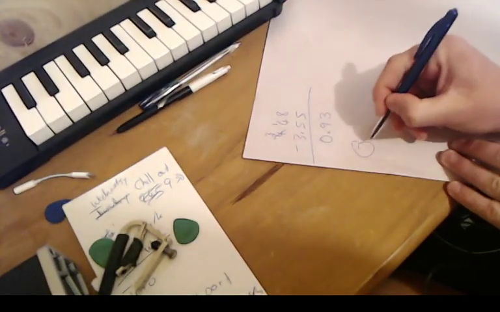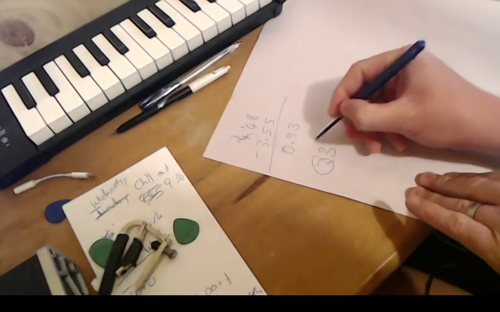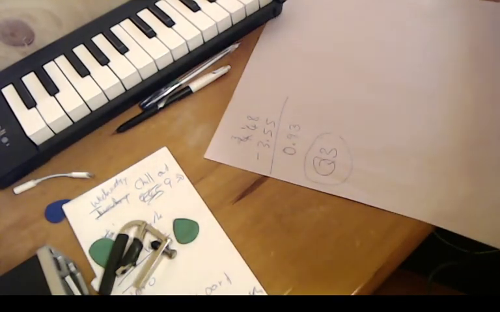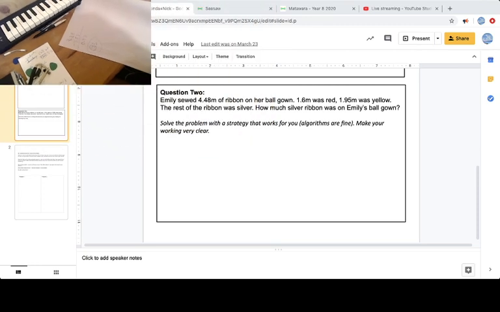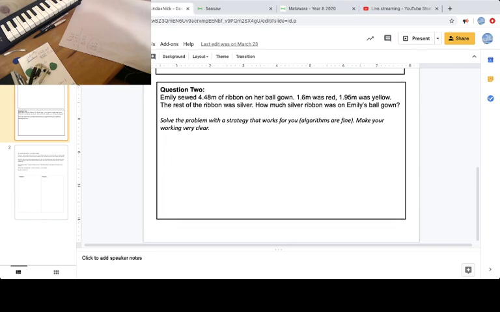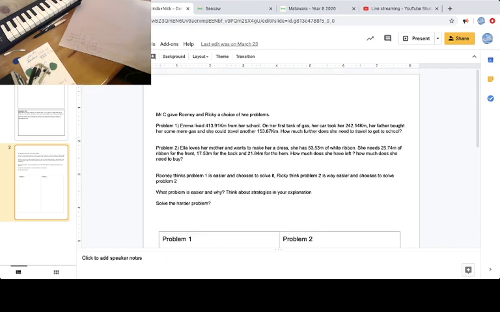question 3. I thought I had a better way of explaining that place value for question 2 until it started. Okay, question 3. So I'm going to scroll down and read it out. Okay, Emily has 2 parts.